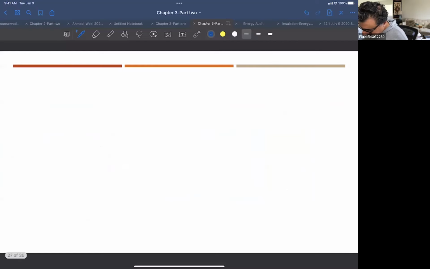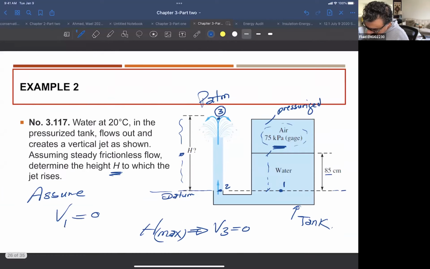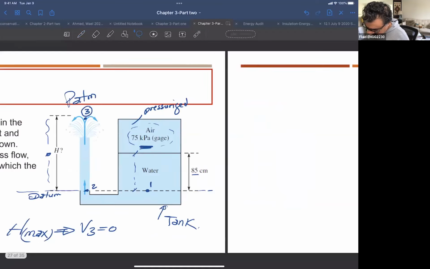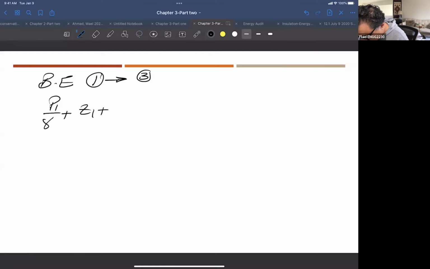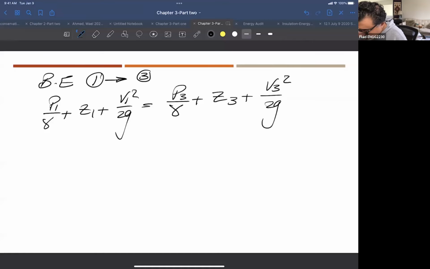I can now say Bernoulli equation between 1 and 3: P1 over gamma plus Z1 plus V1 squared over 2g equals P3 over gamma plus Z3 plus V3 squared over 2g. We just said that V3 is equal to 0. This is the highest level.